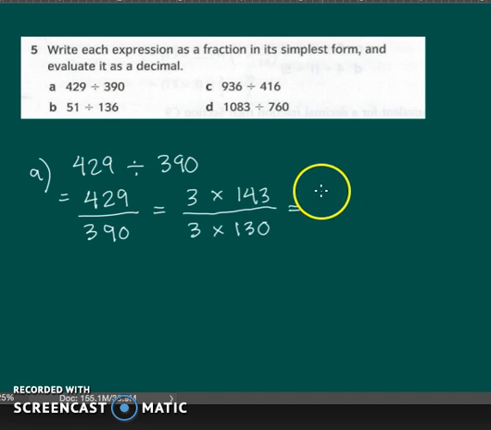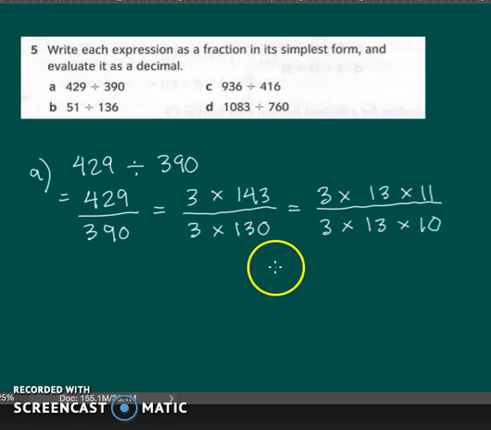So I can also see that there is a factor of 13 in the numerator and the denominator. So 3 times, and I can write 143 as 13 times 11, and you can tell that 130 I can write as 13 times 10. So some big common factors going on here.